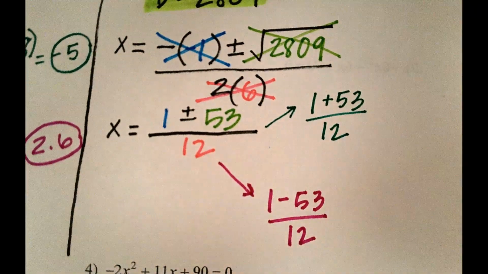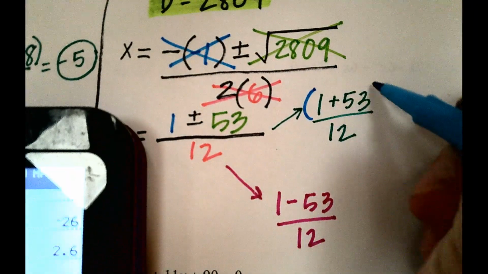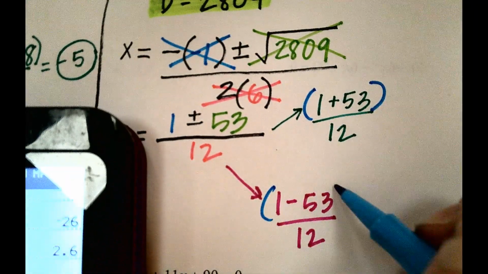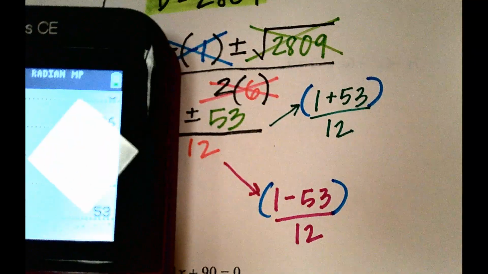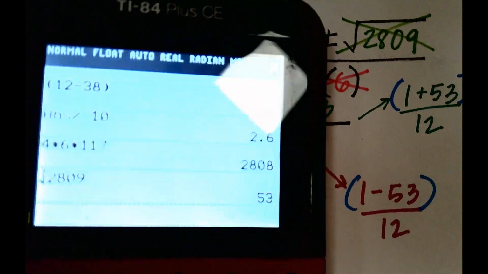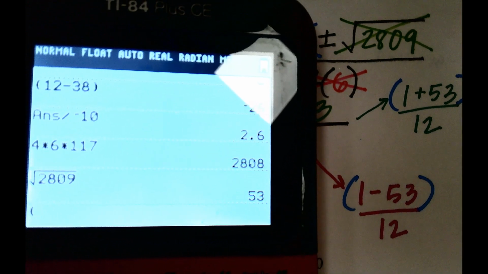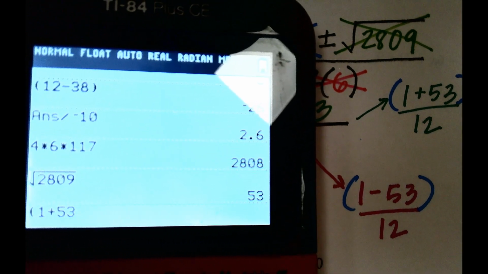And again, if you want to type it in all at once, do not forget, put some parentheses around the top 2 numbers. So I'm going to type this in: parenthesis, 1 plus 53, parenthesis, divided by 12.